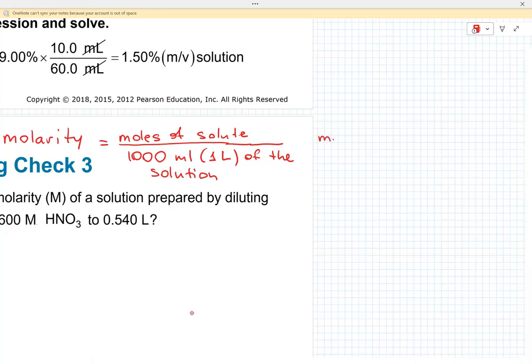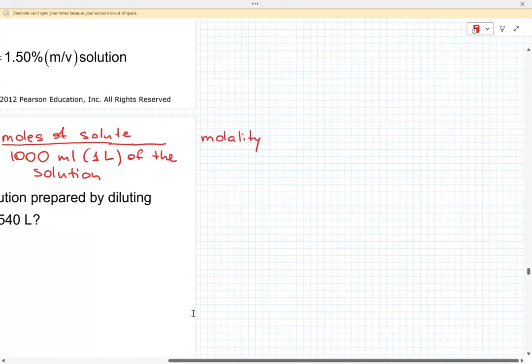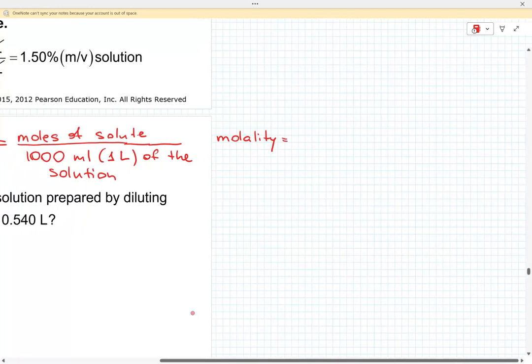So there's another term, molality, not without R, but with L, which is moles of the solute per 1 kilogram of the solution.